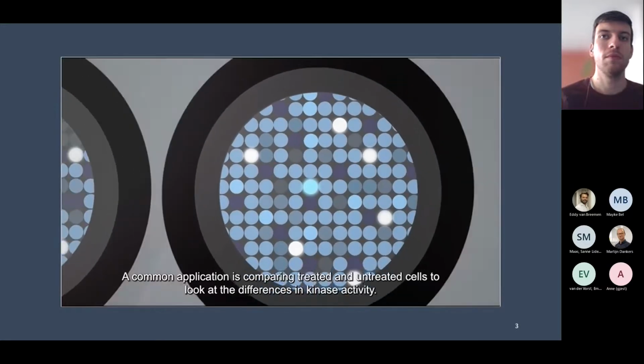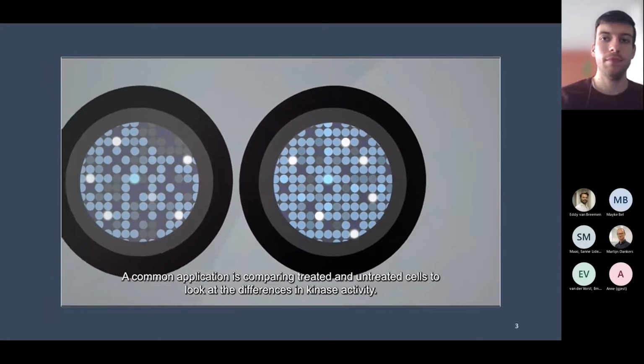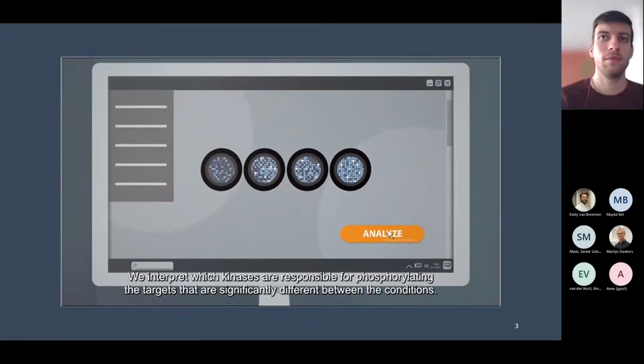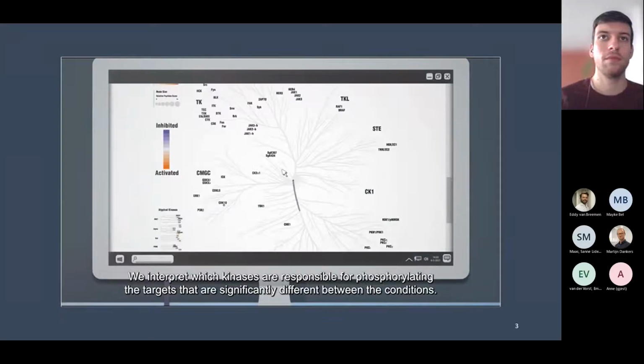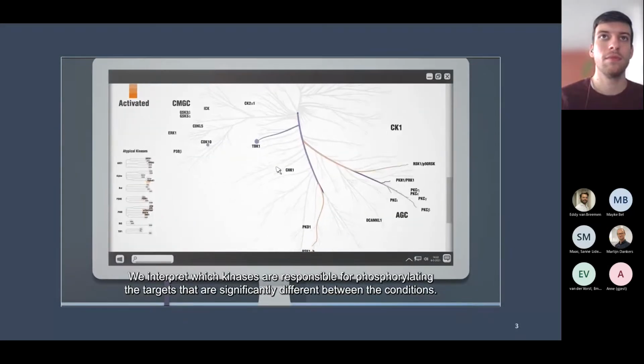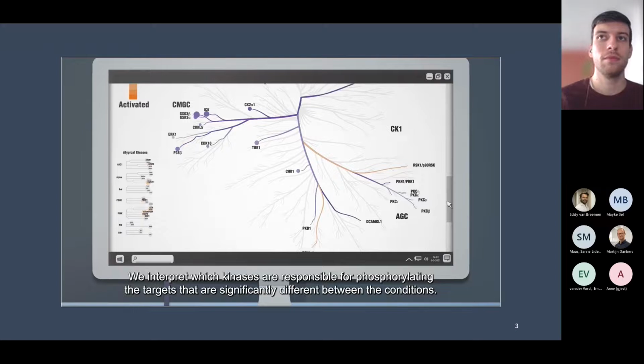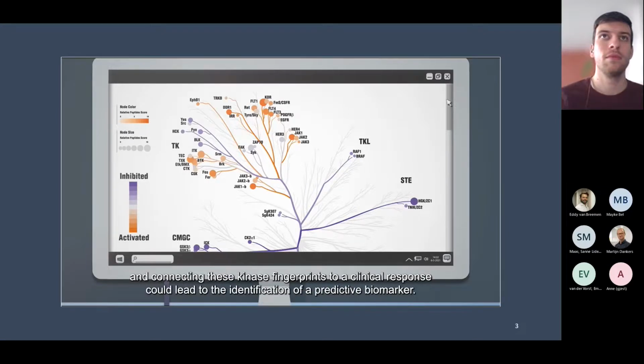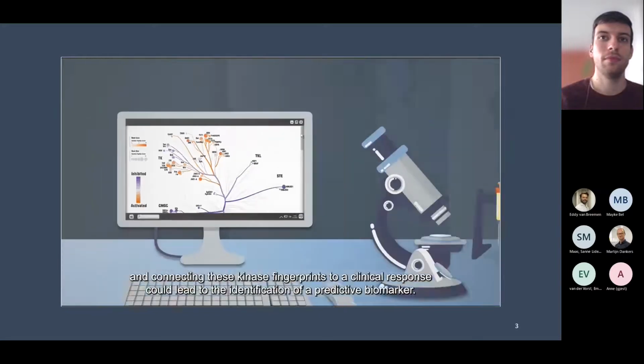A common application is comparing treated and untreated cells to look at the differences in kinase activity. We interpret which kinases are responsible for phosphorylating the targets that are significantly different between the conditions. The functional and multiplex properties of our chip allow us to display cellular signaling. And connecting these kinase fingerprints to a clinical response could lead to the identification of a predictive biomarker.